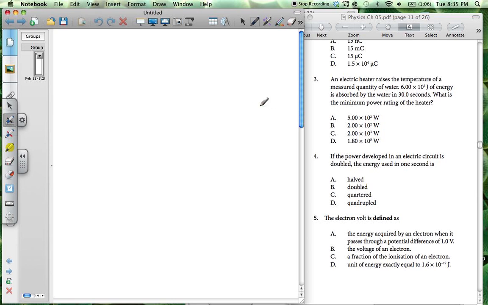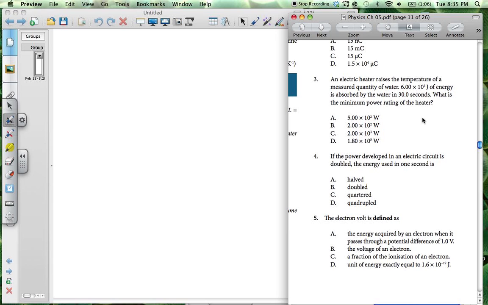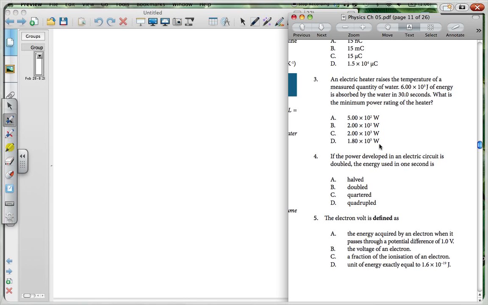Now, the power rating is given in watts, and we know a watt is a joule per second. So if I've got here 6 times 10 to the 3 joules, and it's 30 seconds, I'm going to have to divide that by 30 to get my value.